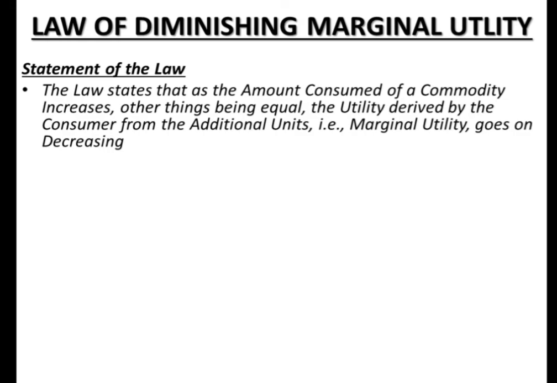So whether it's a unit of commodity consumed or the stock that you have, as you increase it, the satisfaction or the gain from it will start to diminish. This is the statement for the law of diminishing marginal utility.